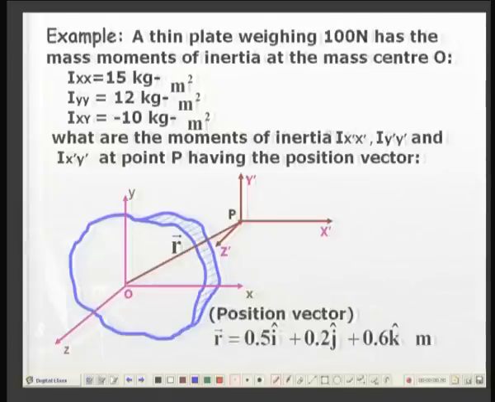What are the moments of inertia about the new coordinate system x dash, y dash, z dash, whose origin is at P, whose position vector as seen from the OXYZ coordinate system is 0.5 I, 0.2 J, 0.6 K meters. Okay. So, the three coordinates of P are known to us. Well, it is a direct use of the parallel axis theorem.